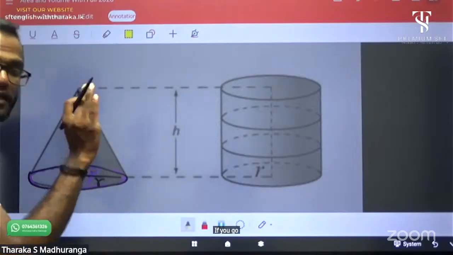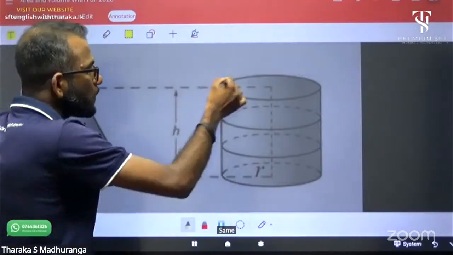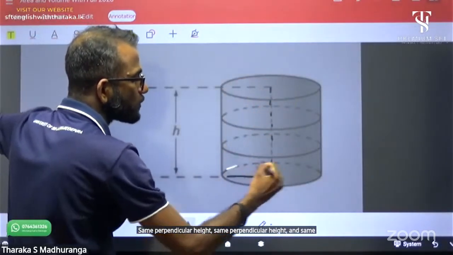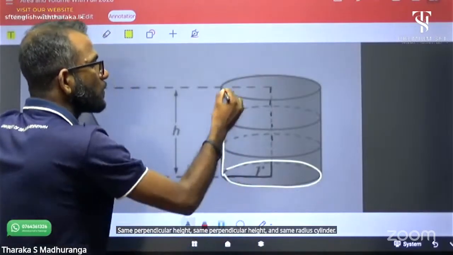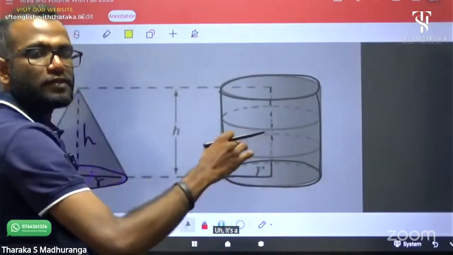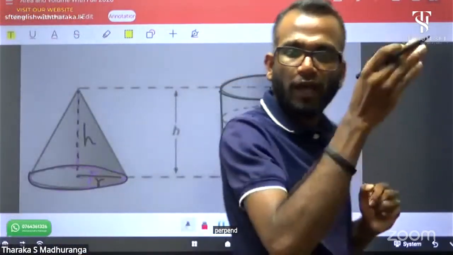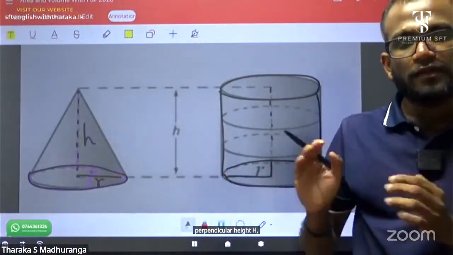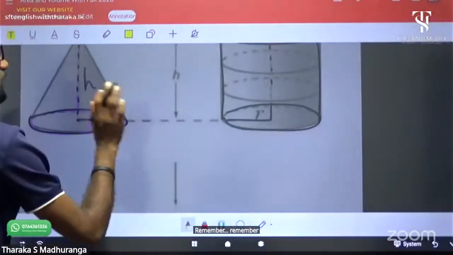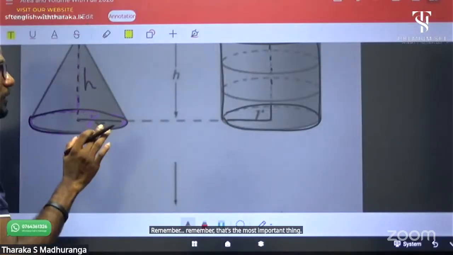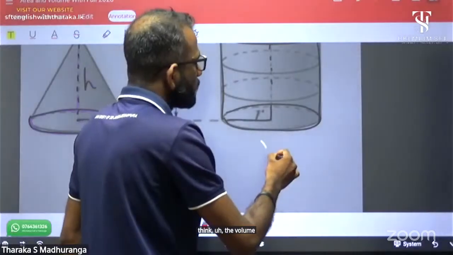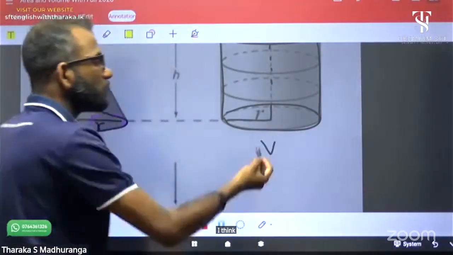If you have a cylinder with the same perpendicular height h and the same radius as the cone, remember, that's the most important point. Think the volume of the cylinder is V.